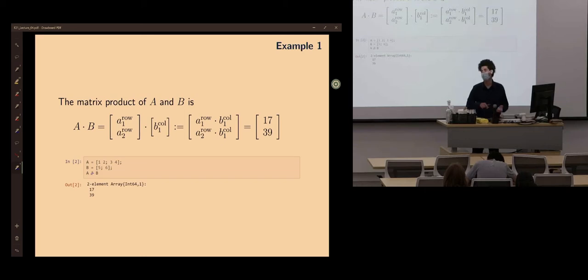Or you could say matrix multiplication is built on vector multiplication as a basic operation. So they use the same operator. Okay, so we multiply A by B, and we get the 2-element column vector as expected.